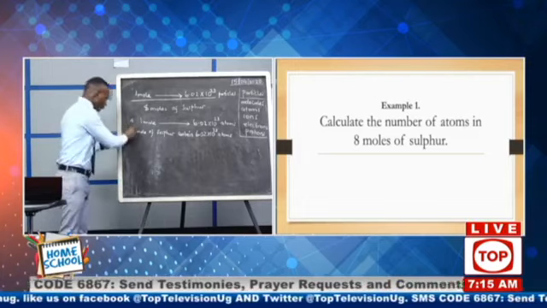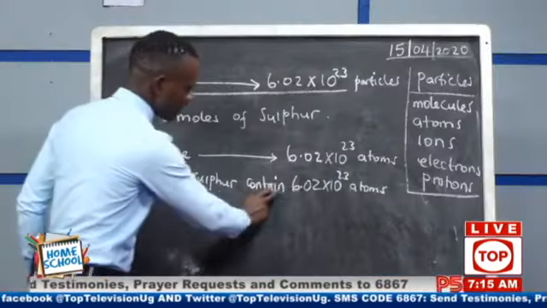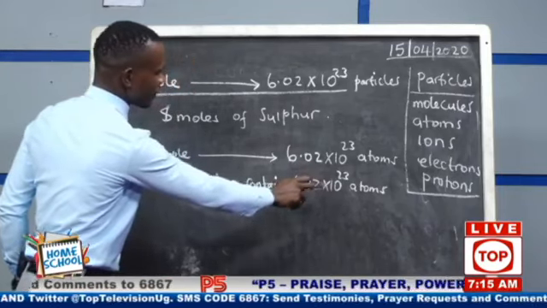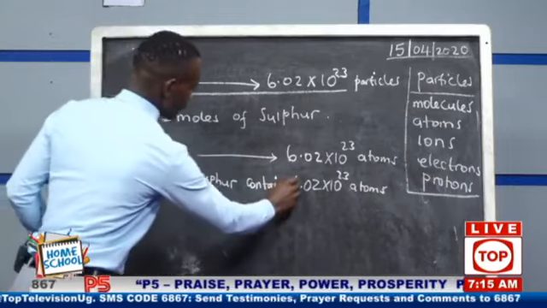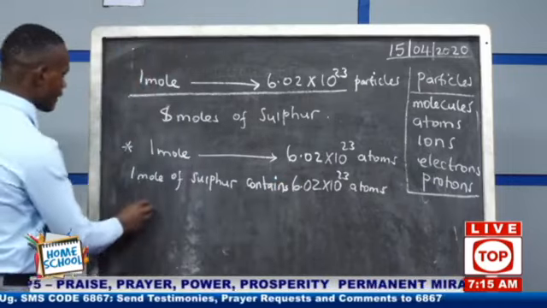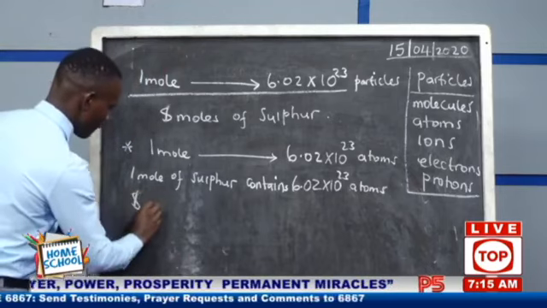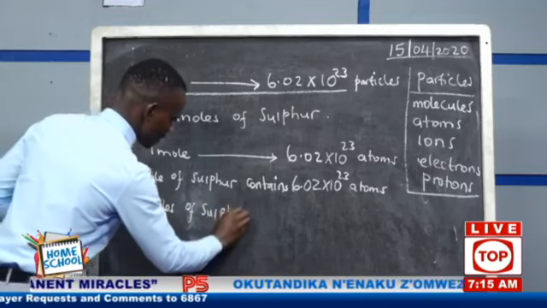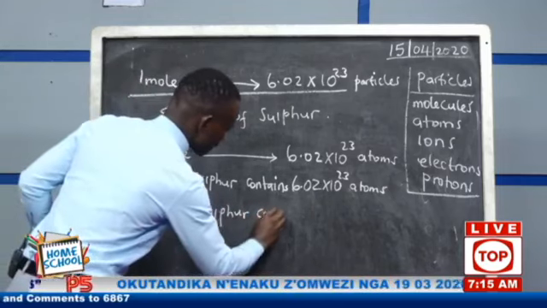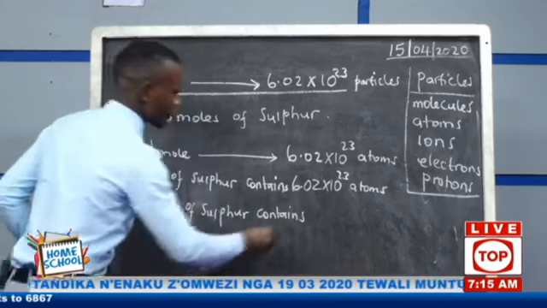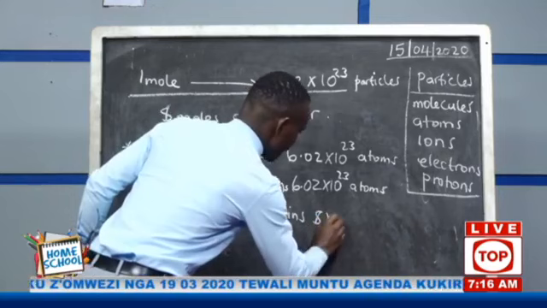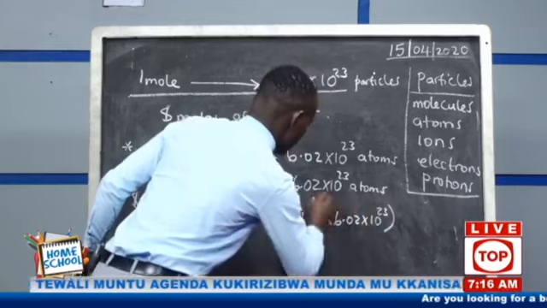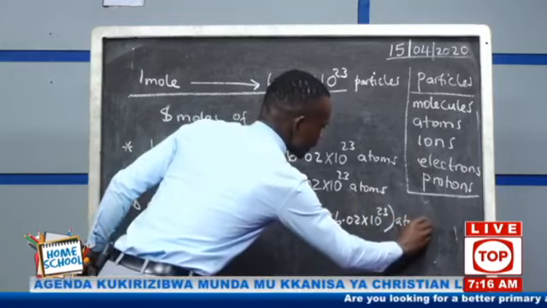If 1 mole of sulfur contains 6.02 times 10 power 23 atoms, then we shall say that 8 moles of sulfur will contain 8 times 6.02 times 10 power 23 atoms.